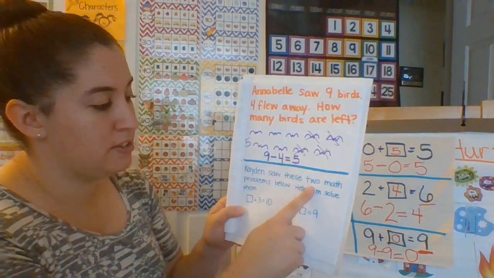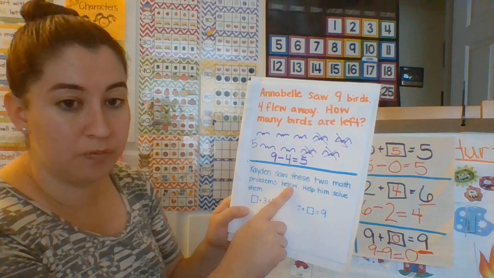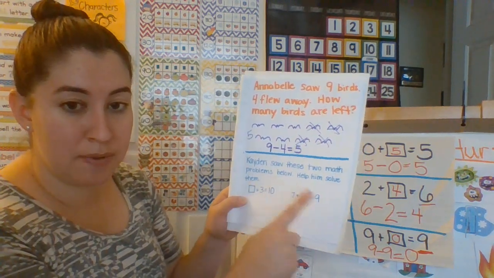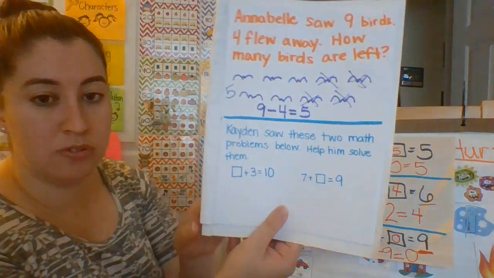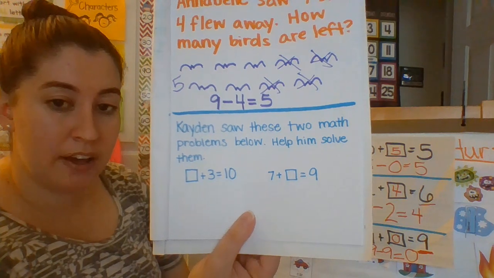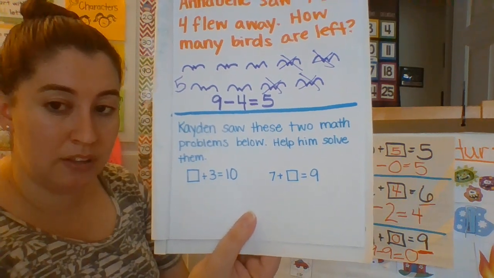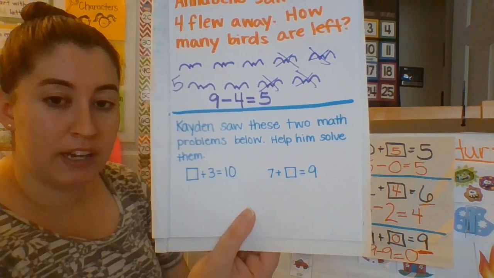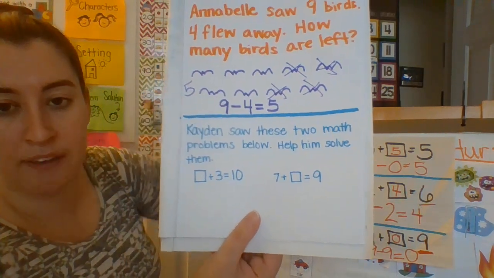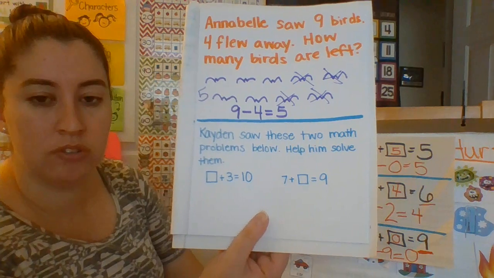Caden saw these 2 math problems below. Help him solve them. So you need to write these 2 math problems down. I'm going to put them up close. You might want to pause the video to write them down. I'm also going to give you about a minute. Go ahead and write those down on your paper, maybe one at the top and one about halfway down so you have lots of room to work.